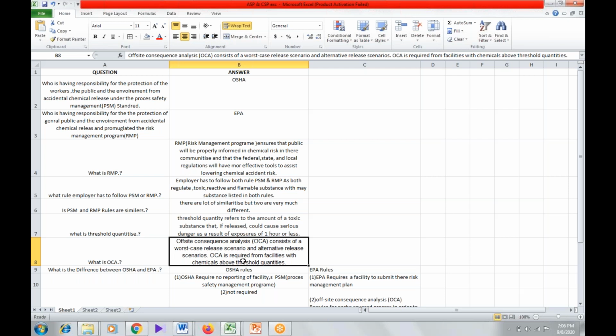Is the safety data sheet a part of the OCA? Muhammad, I have no idea, so if any other participant can explain it, it will be better.